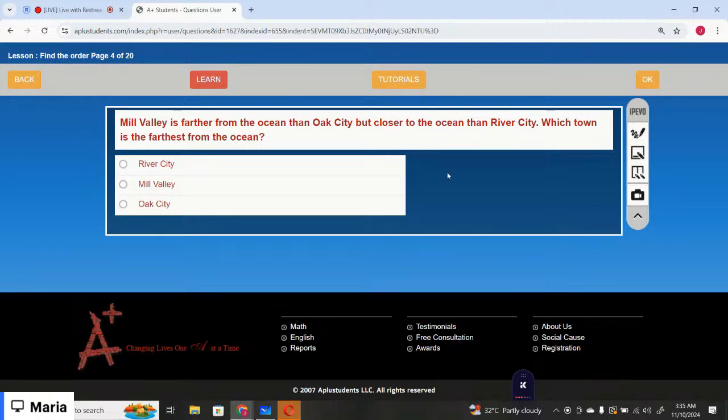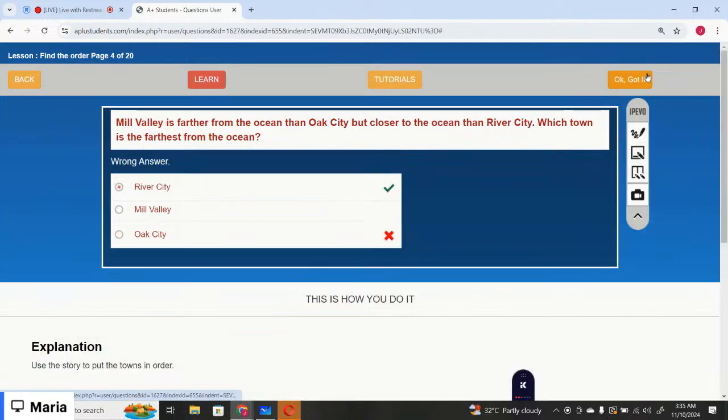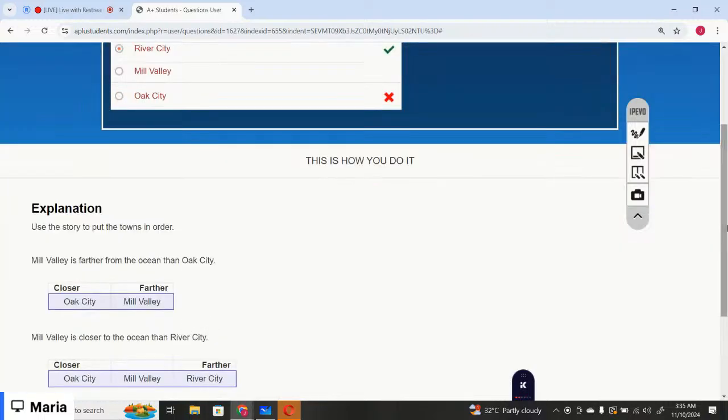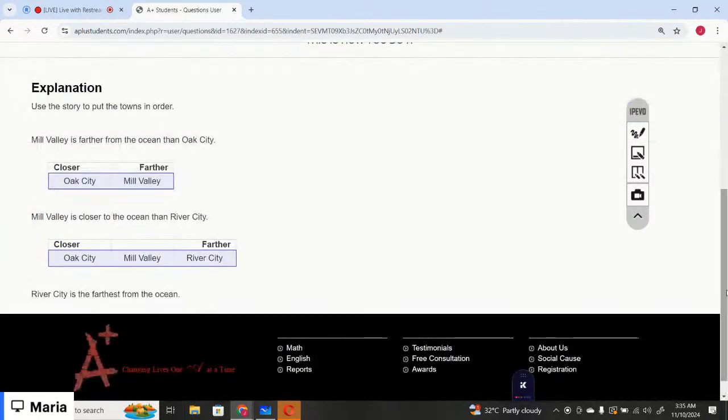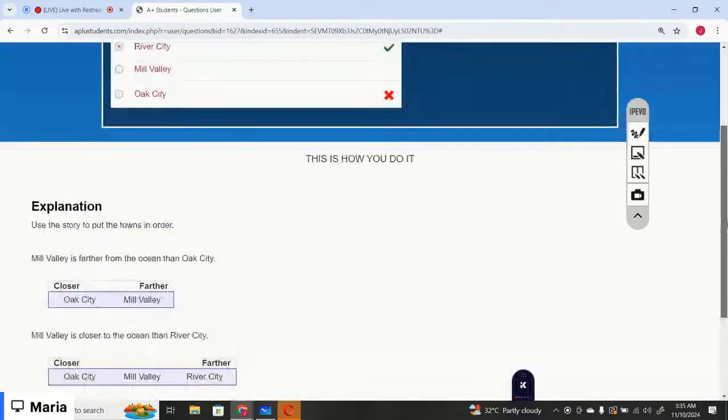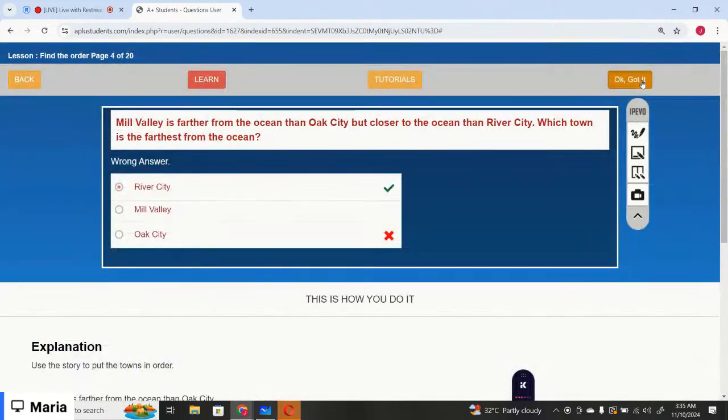Mill Valley is farther from the ocean than Oak City. Mill Valley is closer to the ocean than River City. Okay, that is River City is the correct option.